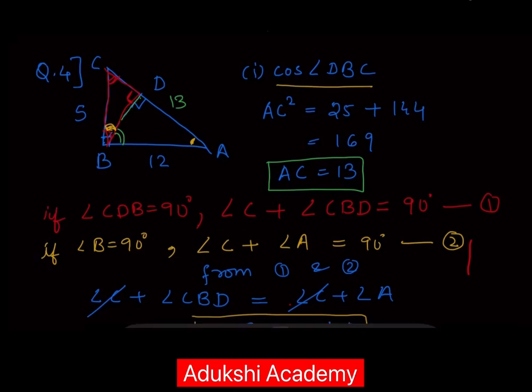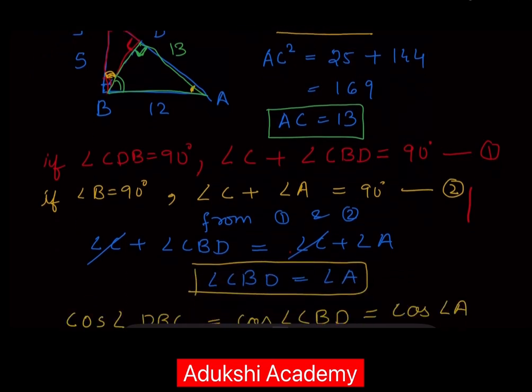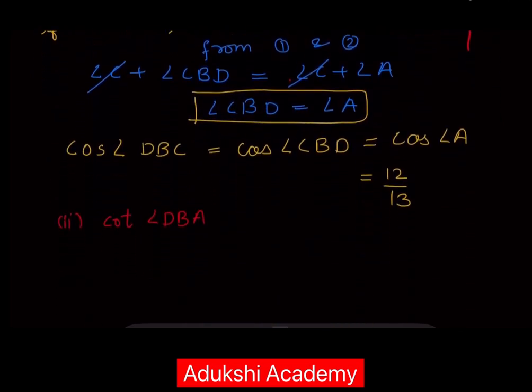Consider triangle BDA. In triangle BDA also, if angle D is equal to 90 degree, that means angle DBA and angle A will be equal to 90 degree. Therefore you can write down angle DBA plus angle A is equal to 90 degree.